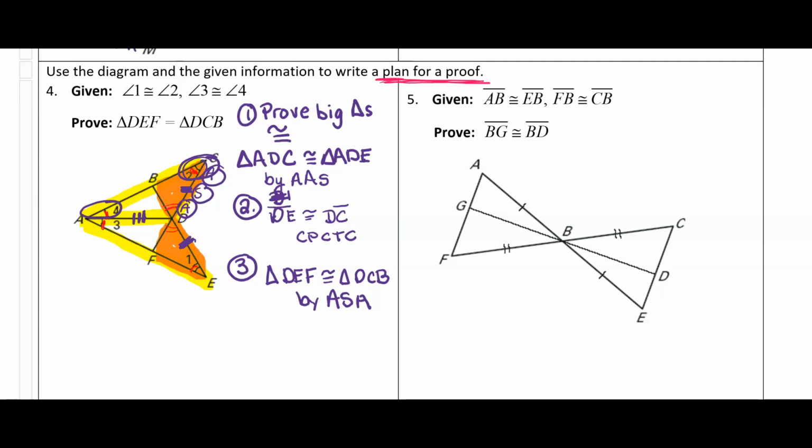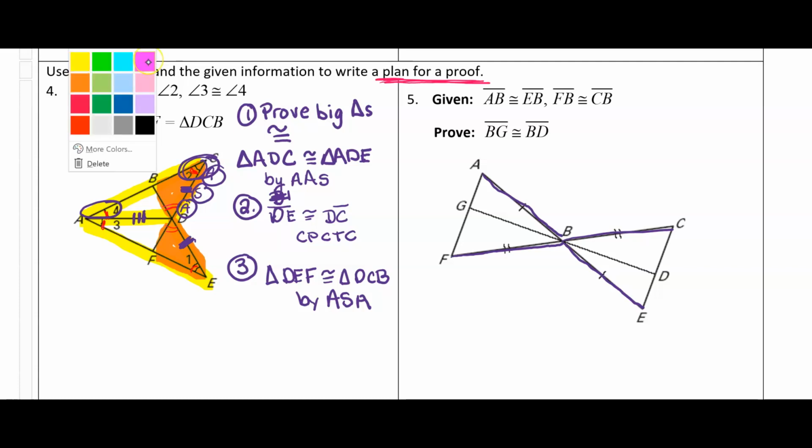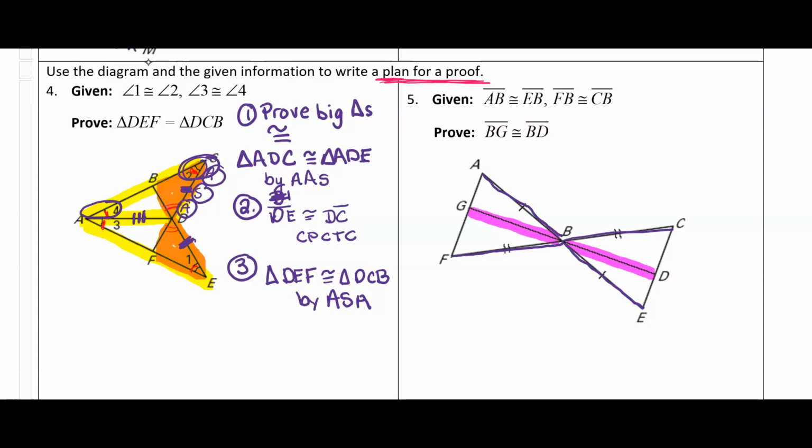So now let's go over here and look at number 5. It says, given that AB, which is here, is congruent to EB, and FB is congruent to CB, prove that the piece inside, so we are trying to prove the piece inside, so let me highlight that piece, prove that BG is congruent to BD.